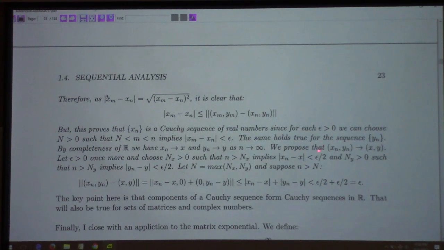And then I just argue that, in fact, I can propose that (xn, yn) converges to (x, y). I actually give an epsilon argument down here, but we could get that immediately from the vector limit theorem, right? The limit of xn is x, the limit of yn is y. So the limit of the vector is the vector of the limits, done.